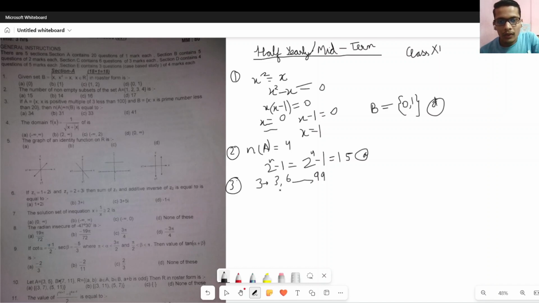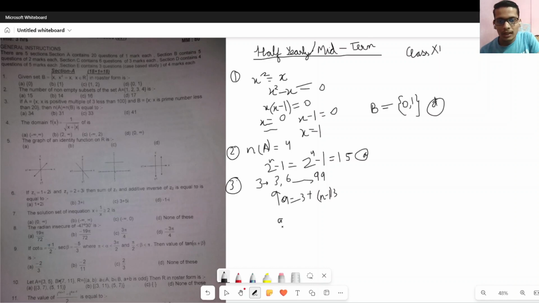Now we have to find the number of elements. So simply, for 99, we are using the arithmetic progression: 99 equals 3 plus n minus 1 multiplied by 3.